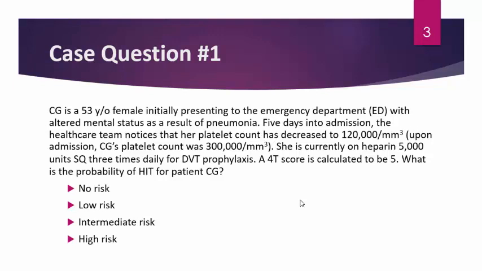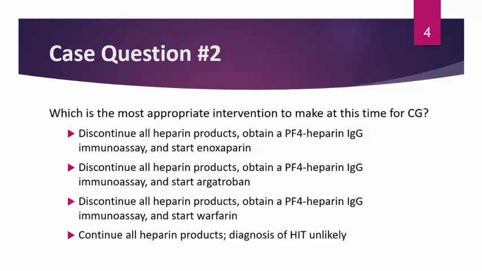What is the probability of heparin-induced thrombocytopenia, or HIT, in this patient? Is there no risk? Is there low risk? Is there intermediate risk? Or is there high risk? The next question is, which is the most appropriate intervention to make at this time for patient CG?